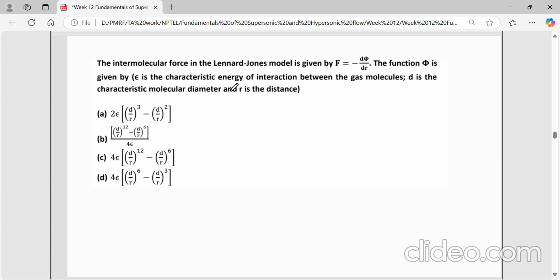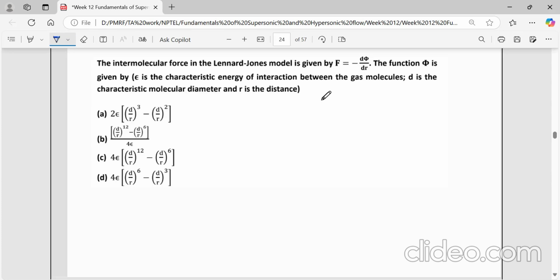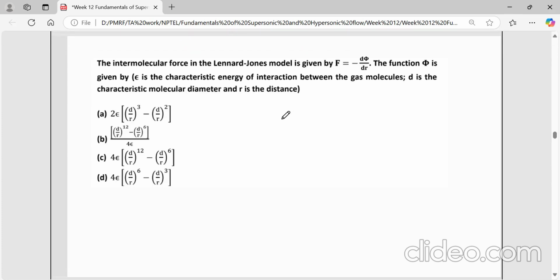The intermolecular force in the Lennard-Jones model is given by F equal to minus d phi upon dr. The function phi is given with epsilon, the characteristic energy of interaction between the molecules, and d, the characteristic molecular diameter, and r the distance. Option A is 2 epsilon d upon r cube minus d upon r whole square.